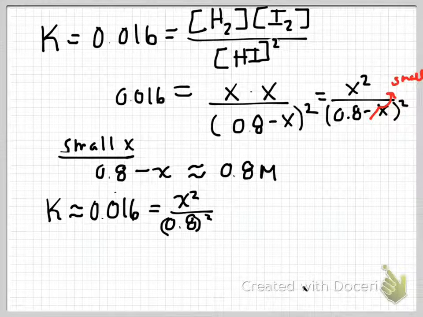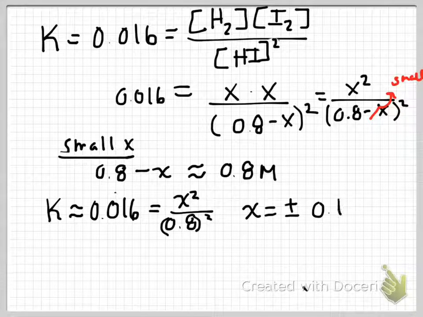So we have 0.016 is equal to x squared over 0.8, and the algebra gives me x equals plus or minus 0.102 molar.